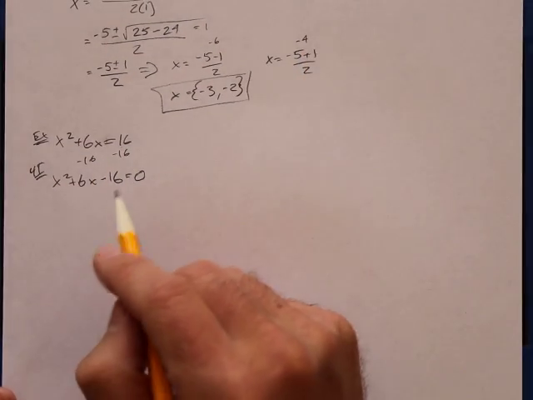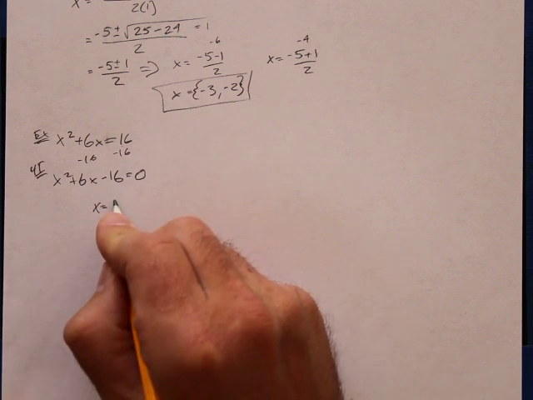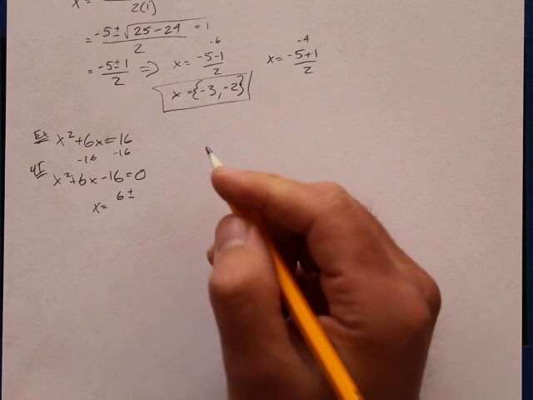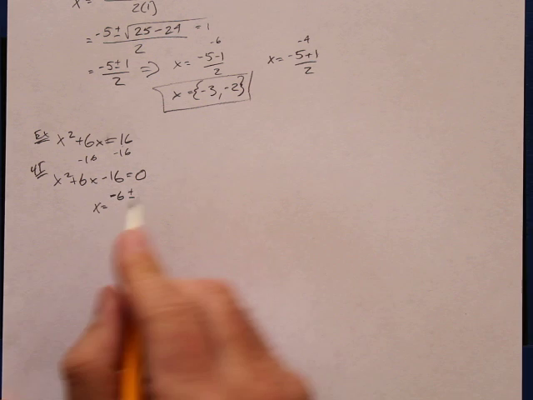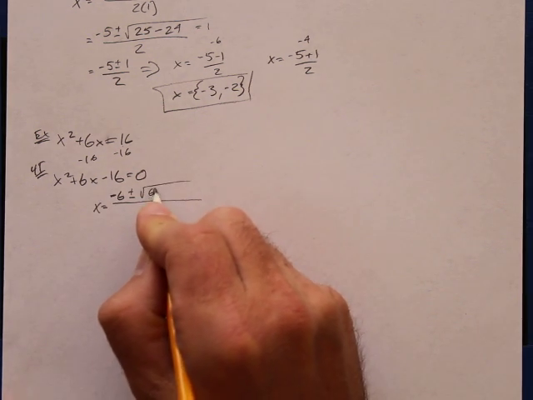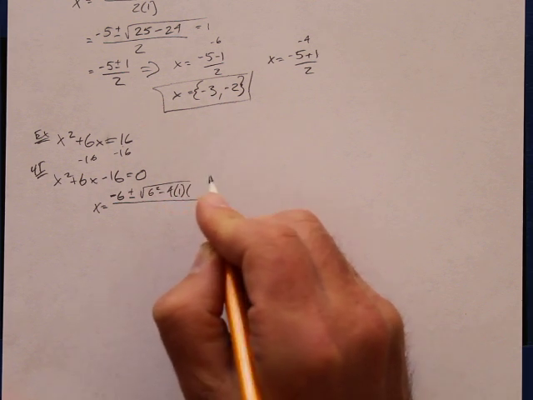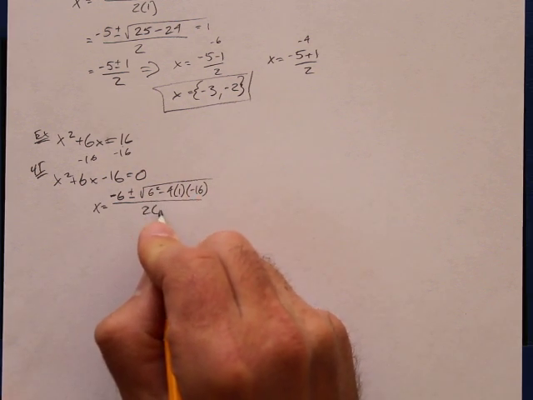Okay, let's see how you did. X equals negative b, which is negative 6, plus or minus the square root of... yikes, don't forget the negative, that's important. Negative b plus or minus the square root of b squared minus 4 times a times c, which is negative 16, all over 2 times a, which is 1.